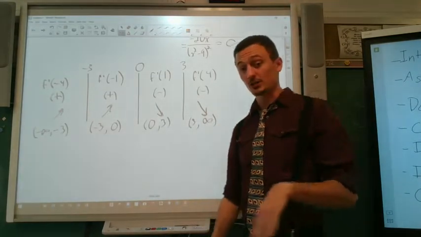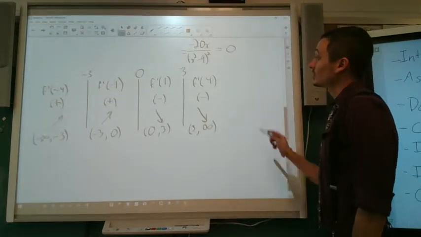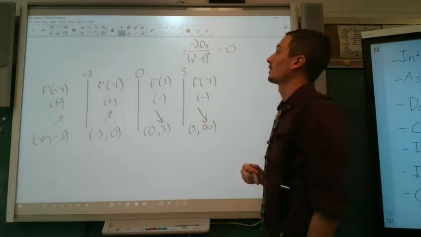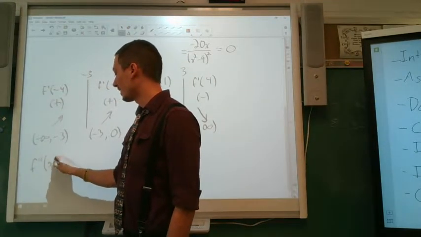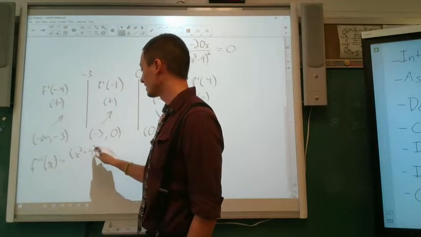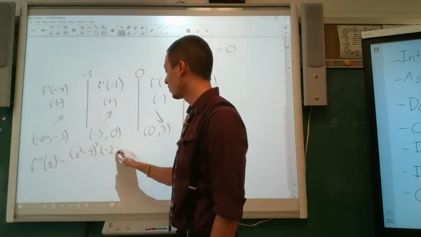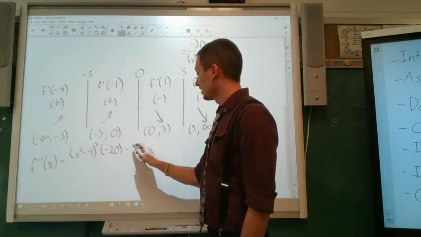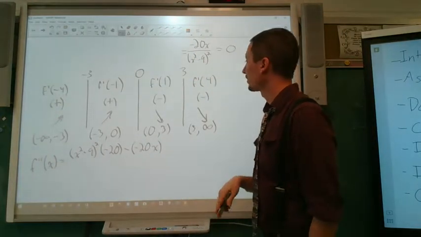We need to find inflection points. So inflection points involve the second derivative. So we need to find the derivative of our first derivative. So f double prime of x will be the bottom, which is x squared minus 9 squared, times the derivative of the top, which is negative 20, minus the top, which is negative 20x, times the derivative of the bottom.